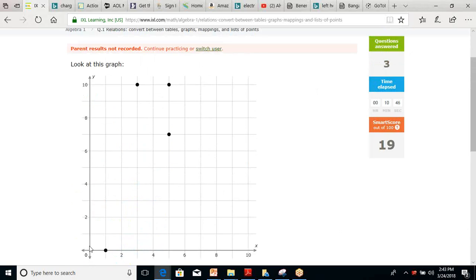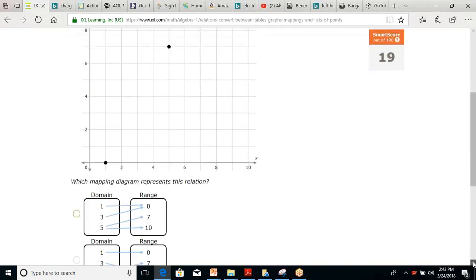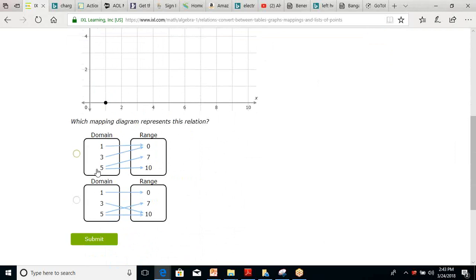So this is the domain x. So this is 1, 2, 3. This point is 3, 10. So we're going to look to see which one is 3, 10. This has 3, 0. This has 3, 10. So this is definitely incorrect. So the correct one that represents this relationship is this one.